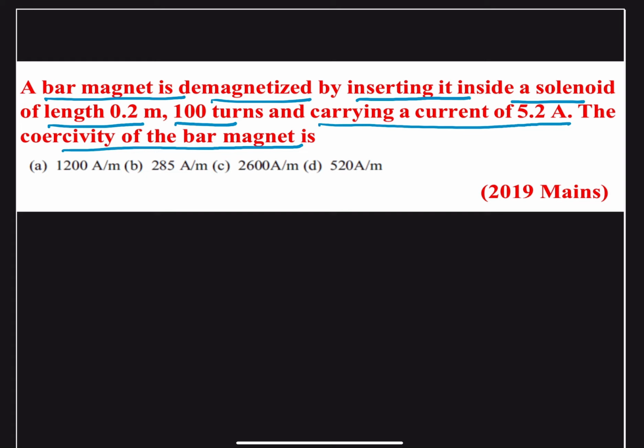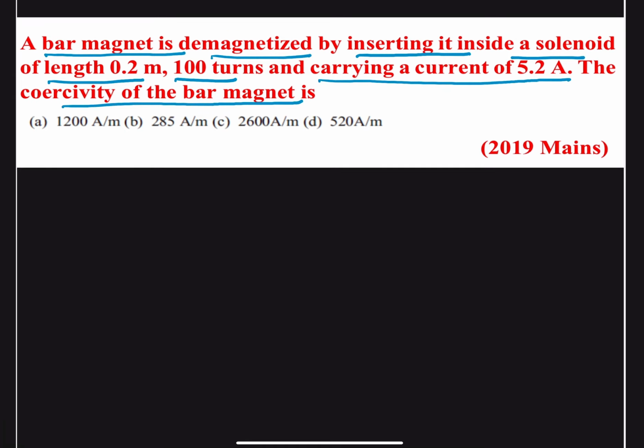So we have to find out the coercivity, and indirectly we can say that because we have to demagnetize the bar magnet, the coercivity will be related with the magnetic field that will be produced by the solenoid.